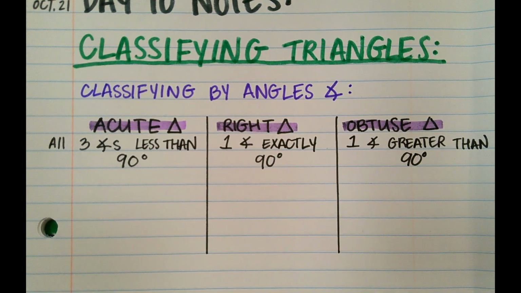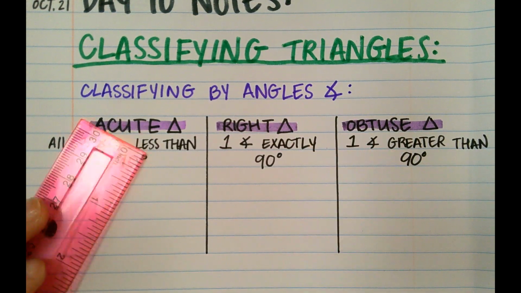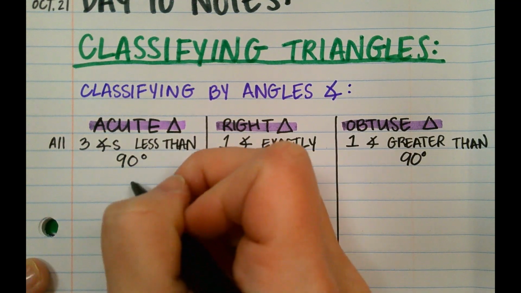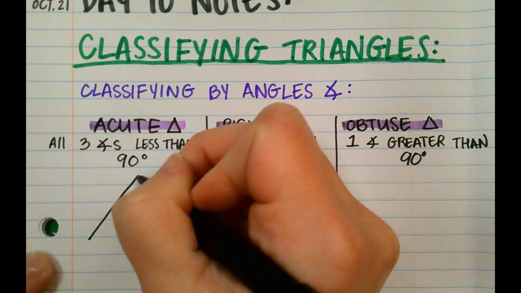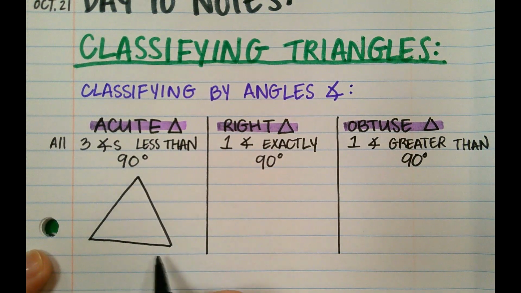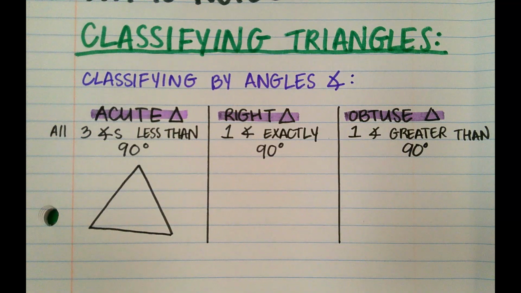So for our acute triangle, we can draw a picture where it looks kind of like your classic triangle. This one is not as difficult to draw. I like to just do a 1, 2, 3. These 3 angles are all less than 90 degrees.